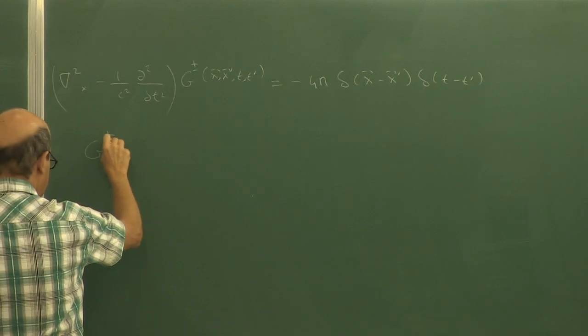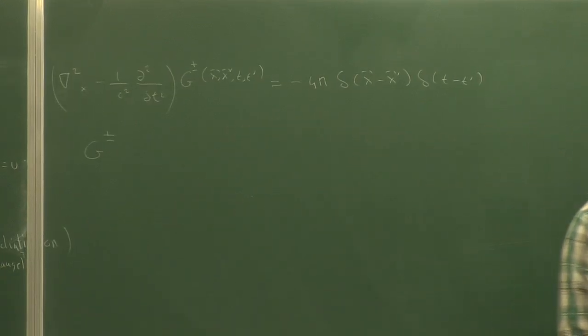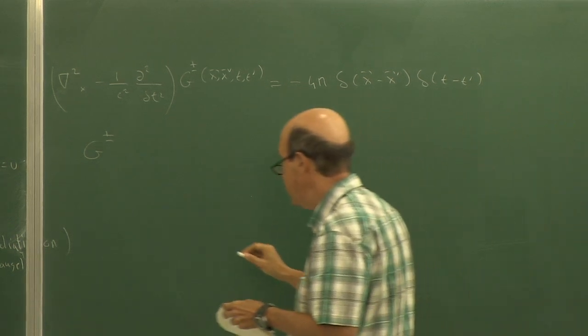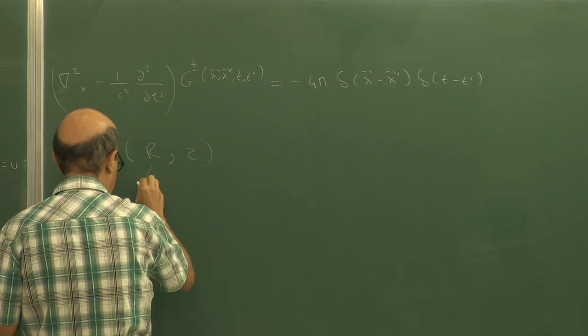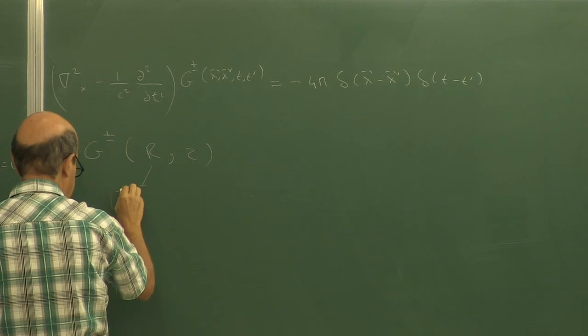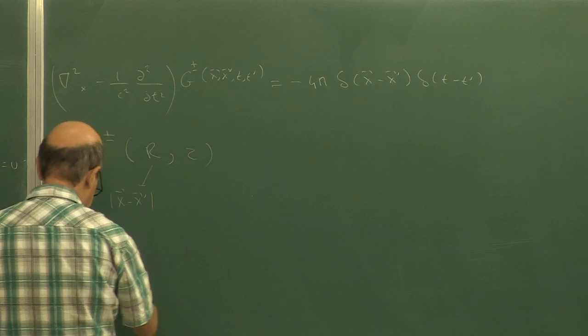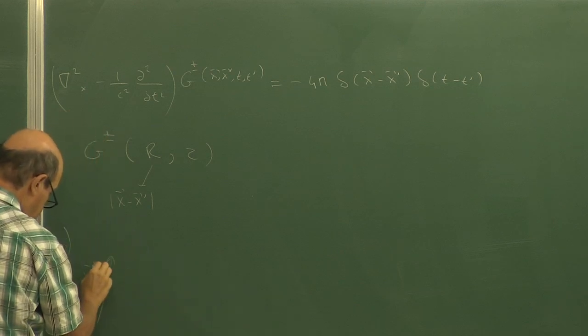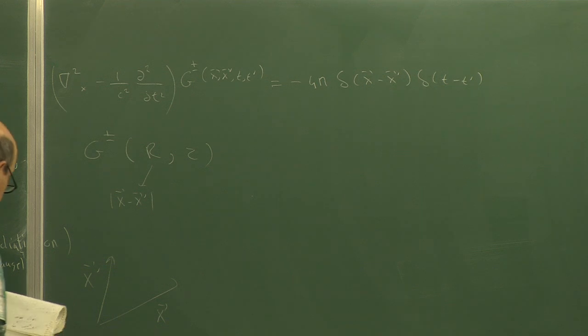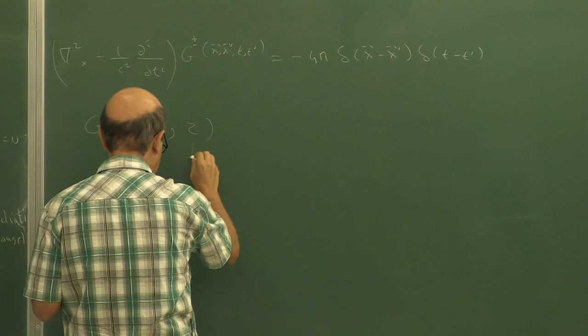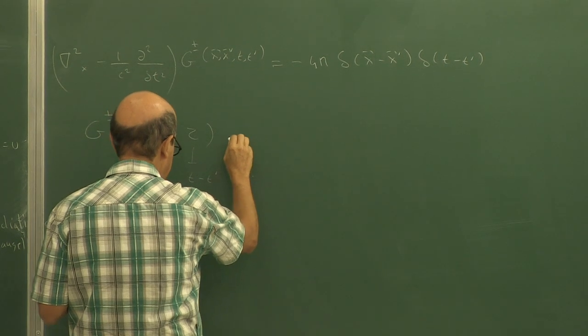We had two solutions, plus and minus, and physically one is the retarded Green's function, the other is the advanced Green's function. So basically that could be written as a function of R and tau. R is x minus x prime. x prime is the source location and x is the point of interest, and tau is t minus t prime.